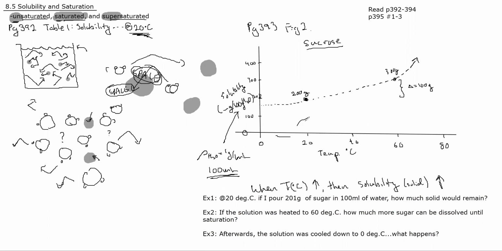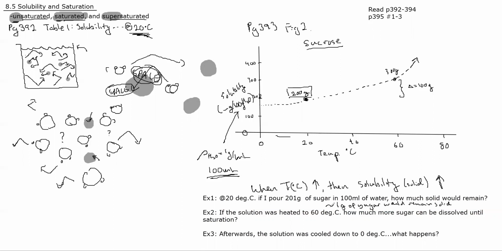If I pour 201 grams of sugar inside 100 milliliters of water, well, just as the graph suggests, I can only hold about 200. In essence, approximately 1 gram of sugar would remain in solid form. There's no more space for it. So even if it wants to dissolve, it can. The correct way of explaining it would be, it can dissolve.